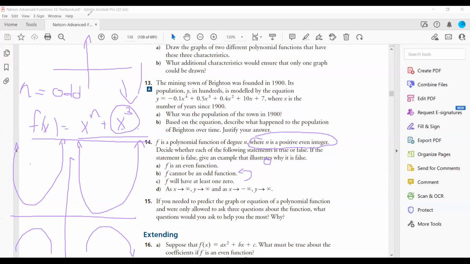We can also have y travel to negative infinity, right? It's not necessarily only positive infinity for y, because we don't know the leading coefficient. It depends mainly on the leading coefficient which direction this even degree function will look to.